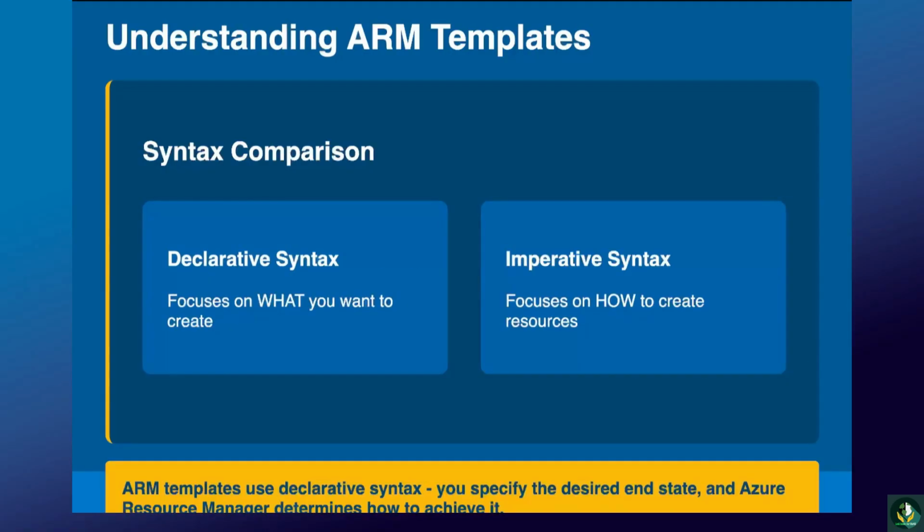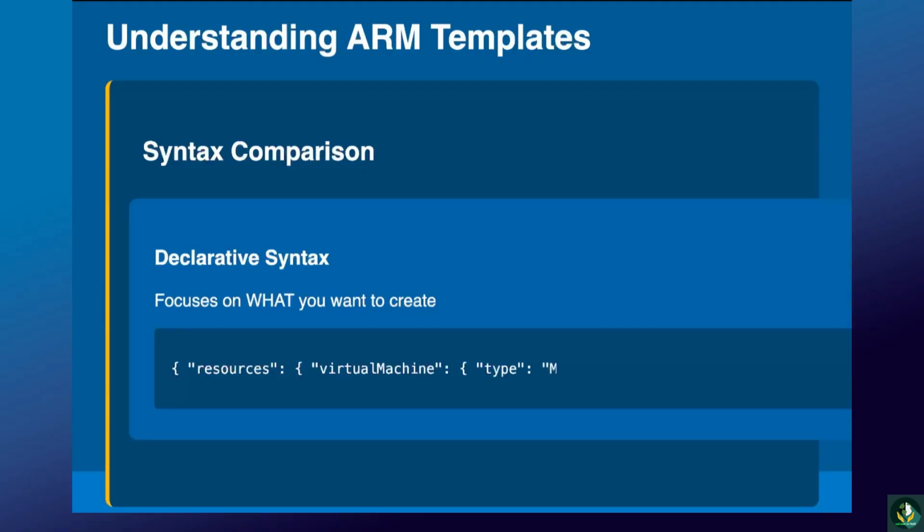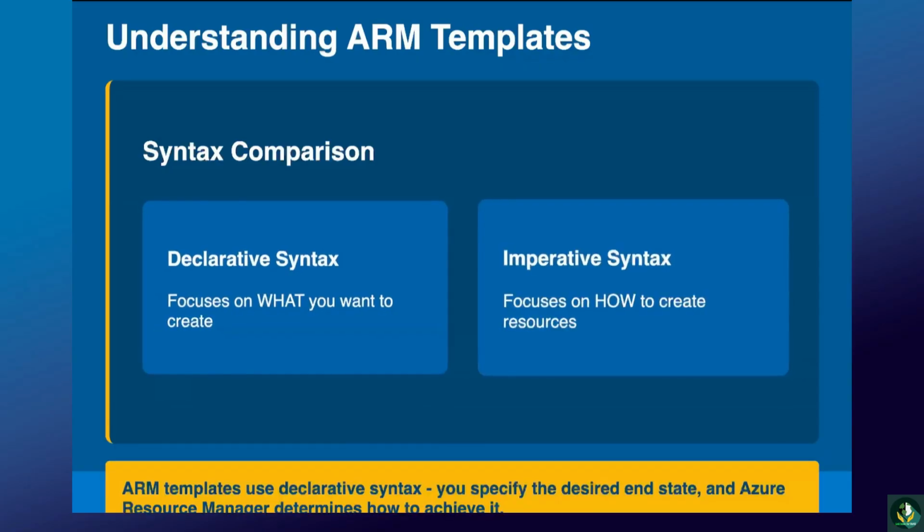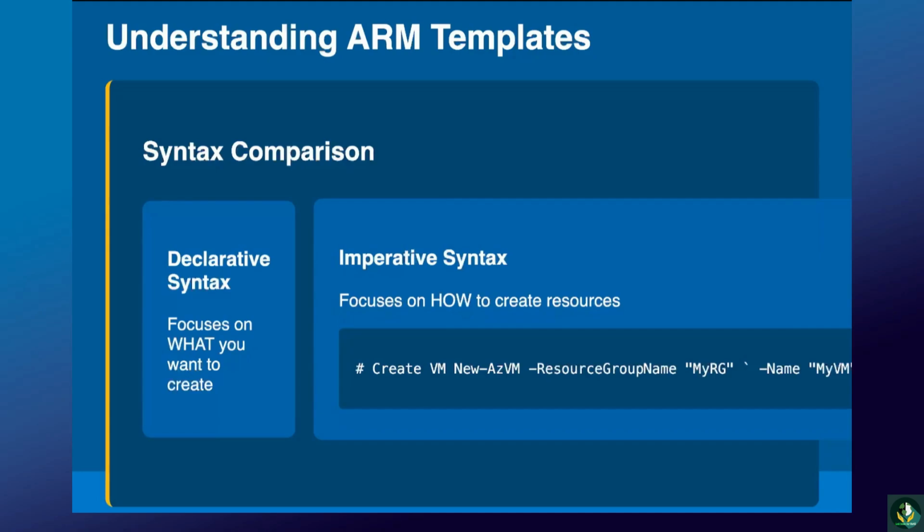Now, declarative syntax focuses on what you want to create. You describe the desired state of your infrastructure and the system figures out how to achieve it. For example, I need a virtual machine with 4 CPUs and 16 gigs of RAM. While imperative syntax focuses on how to create resources by specifying each step in the process.